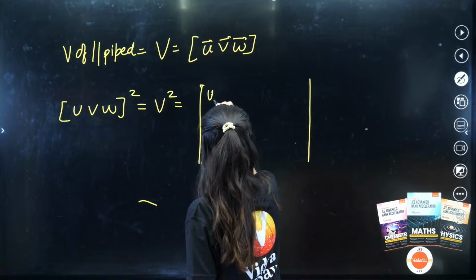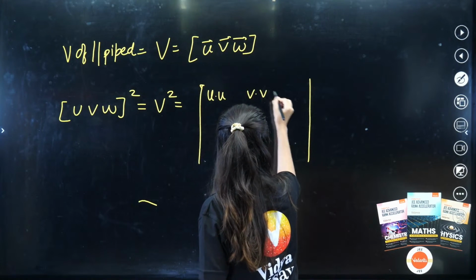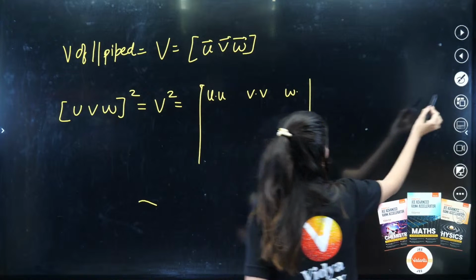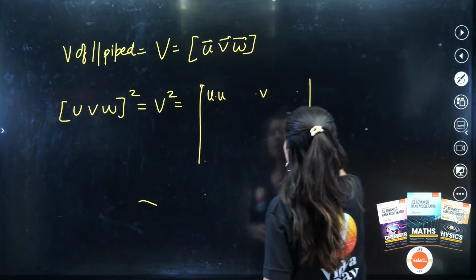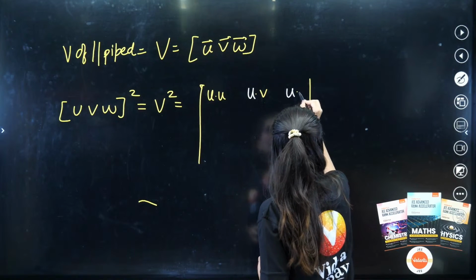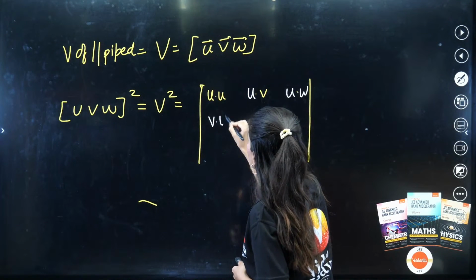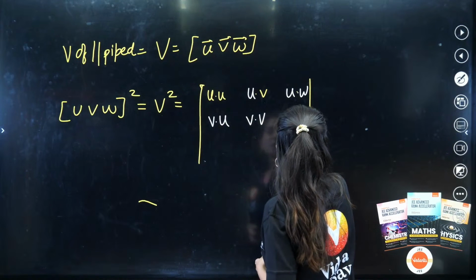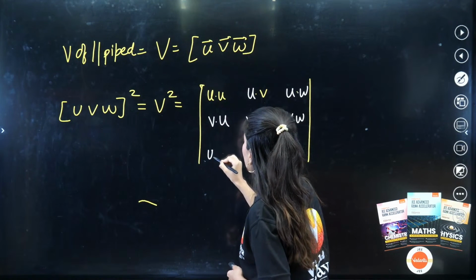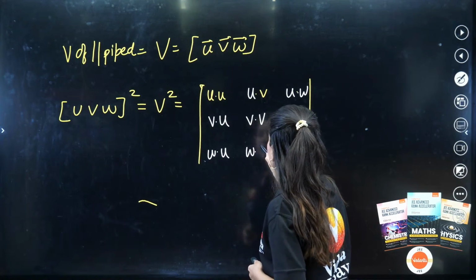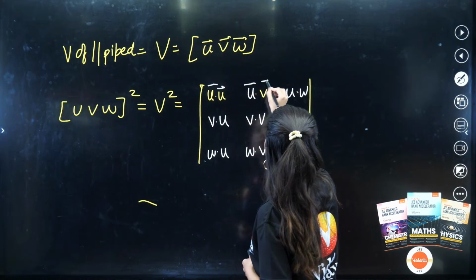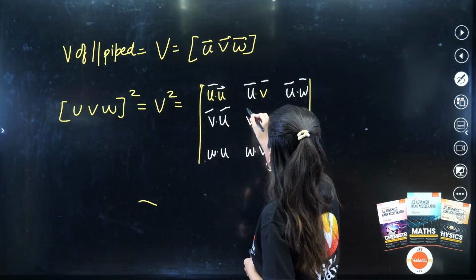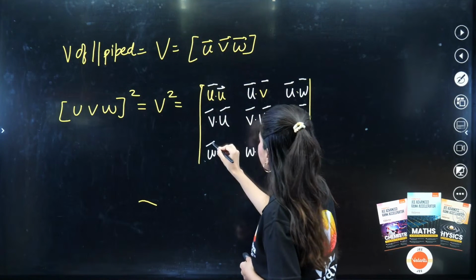So this is U dot U, U dot V, U dot W. Then V dot U, V dot V, V dot W. Then we have W dot U, W dot V, W dot W. This is your volume squared.